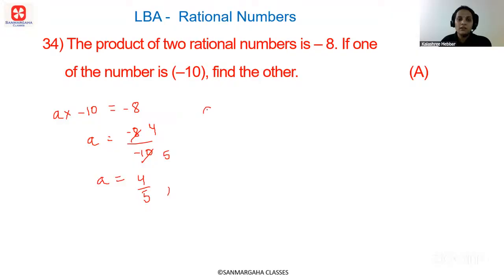We have A into minus 10 is equal to minus 8. So A is 4 by 5 into minus 10, which is equal to minus 8. Correct? So the other number is 4 by 5. Okay, this is the correct answer.